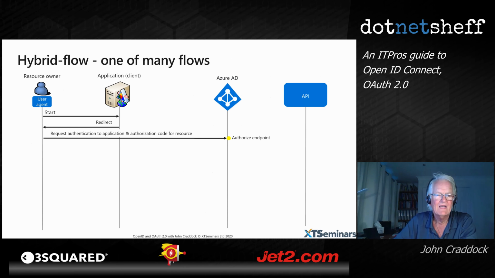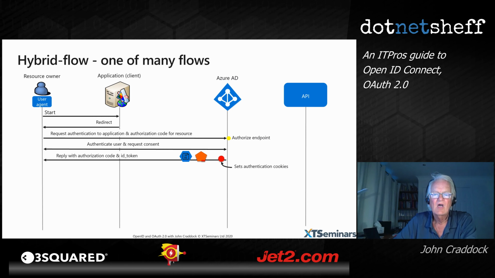Hybrid flow gives back an ID token and a code. We then, having authenticated the user, dealt with consent, we end up coming back a cookie that proves we're authenticated to Azure, and then we've got an access token.